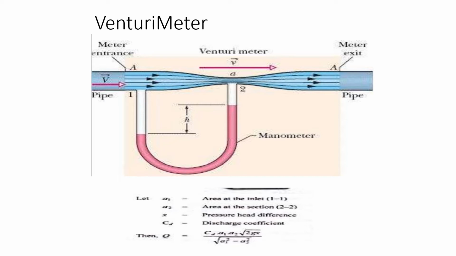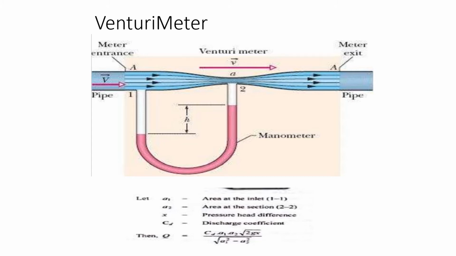Using this pressure difference, we can calculate the flow rate of water flowing through the venturimeter or in the pipeline. CD is the coefficient of discharge. It is normally 0.95 for the venturimeter, whereas it will be lower for the orifice meter. So this is the working of the venturimeter. I hope you have understood clearly.